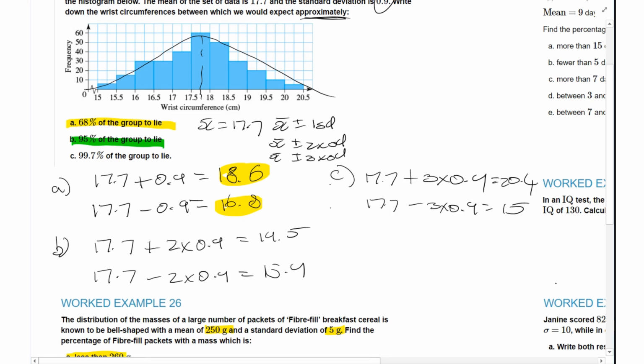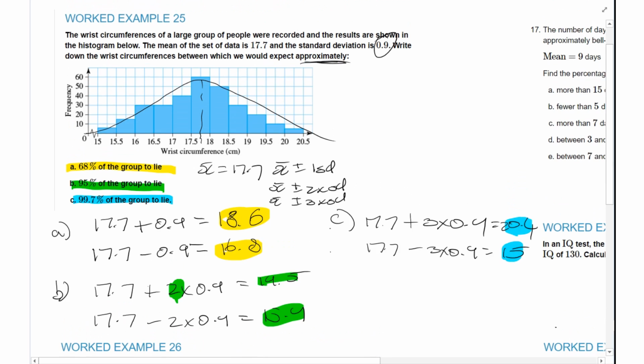Okay, so when we look at these ones, I calculate, so that's where the 2 comes from here, and I get 19.5. I subtract that, I get 15.9, and when I do 3, so 3 times 0.9 is 2.7, and that's where I get these values here. So that's how you do that for that sort of question here.